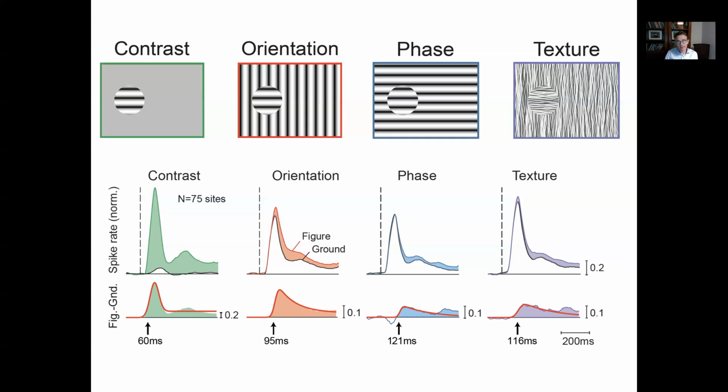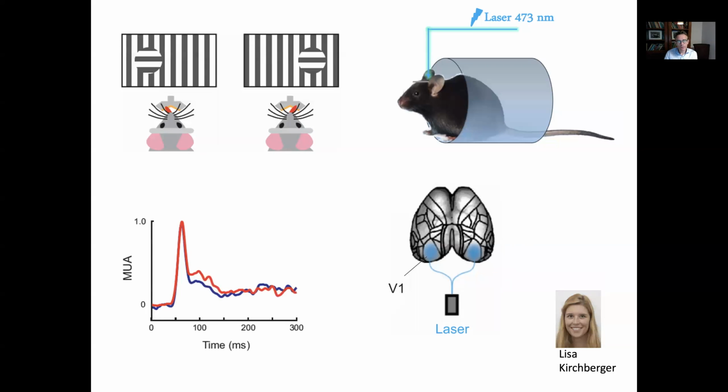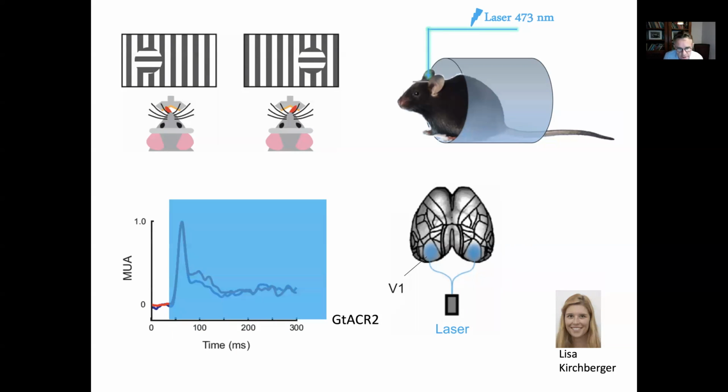And that is really exciting, because now we can do a dream experiment, an experiment that we always wanted to do in the lab. And that is to switch off V1 activity. To make that possible, we inject an optogenetic protein called GtACR2 that inhibits, knocks out the V1 response.